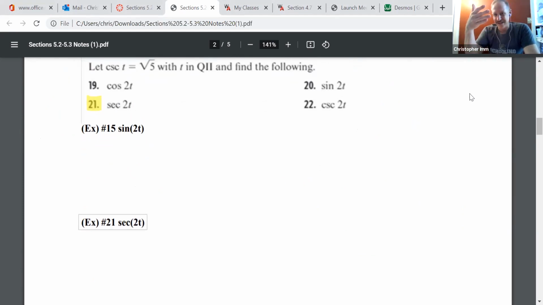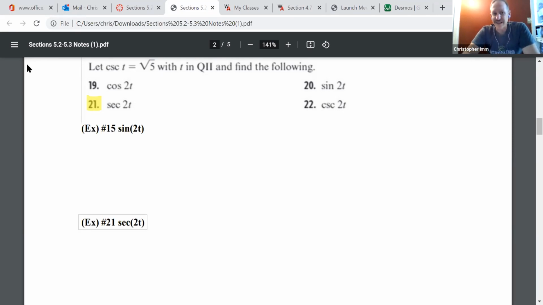So cosine of 2t has something just in terms of cosine of t. It has something just in terms of sine of t, and it has something in terms of cosine and sine. So we have a choice here. So I invite you to be slick about this.